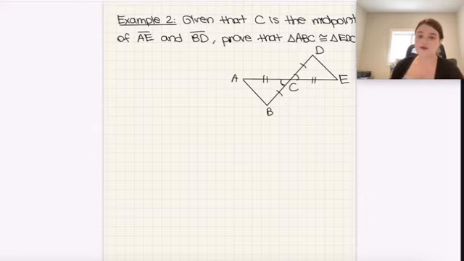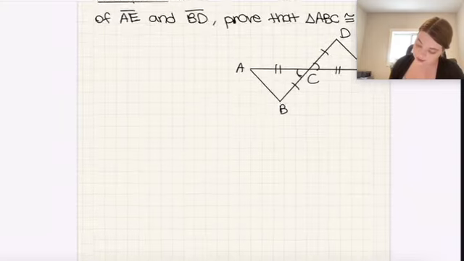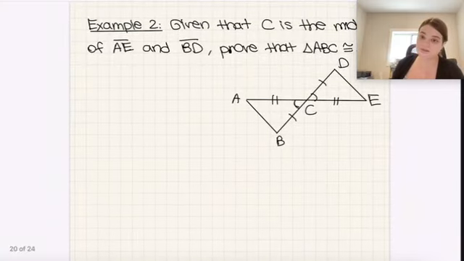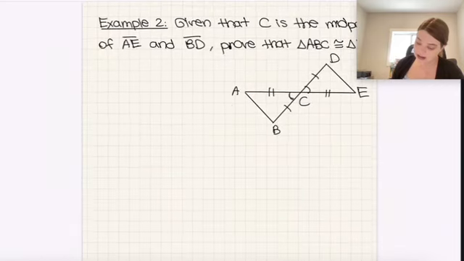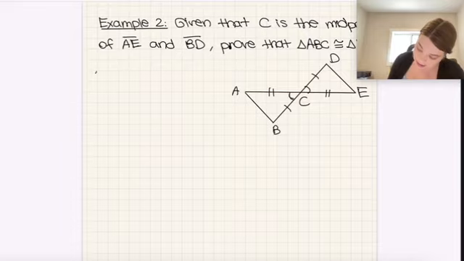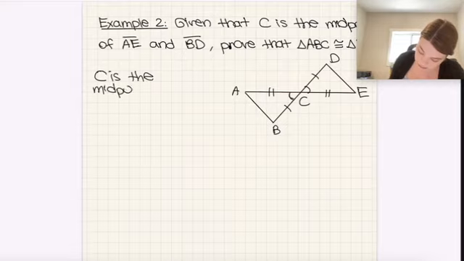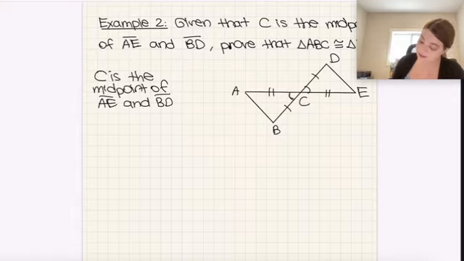Let's write that out in a formal way. So very first thing I'm going to write out for this one is what is given, that C is the midpoint of AE and BD, all right, because that was the only thing that was given to us.